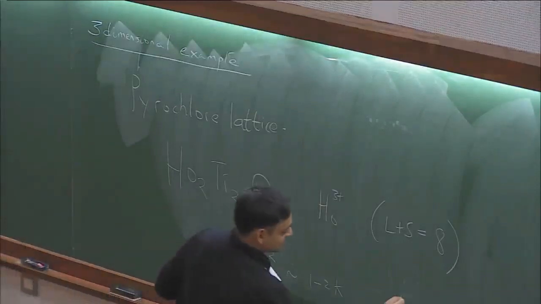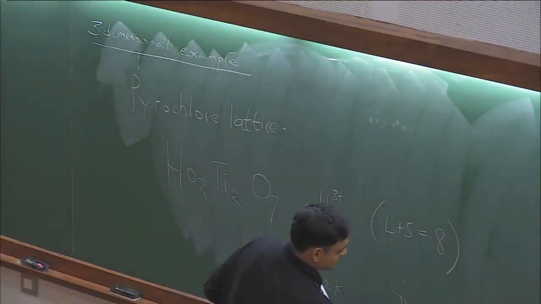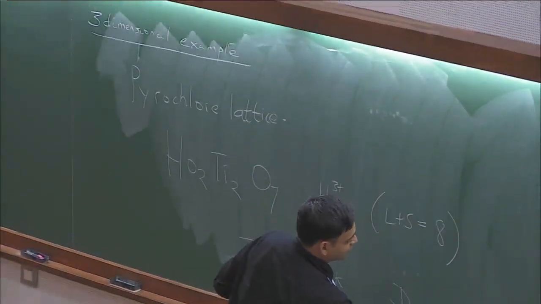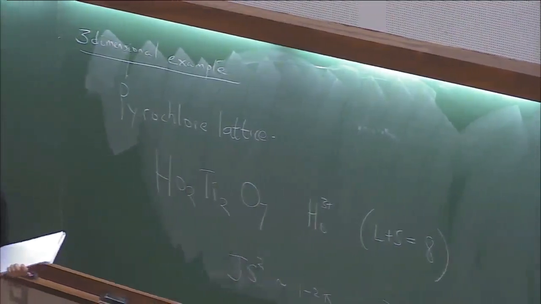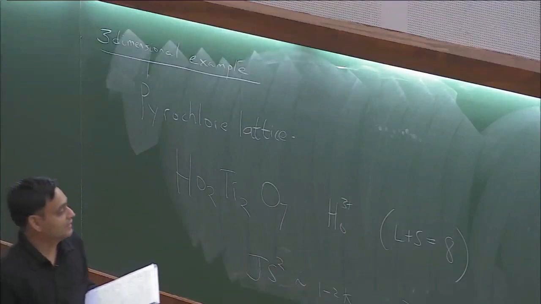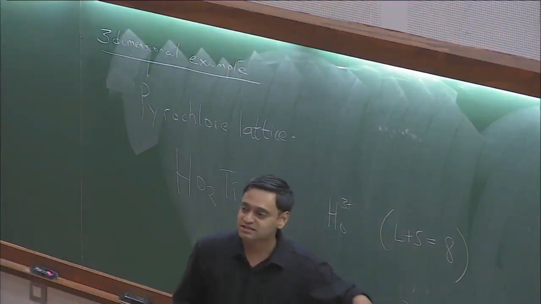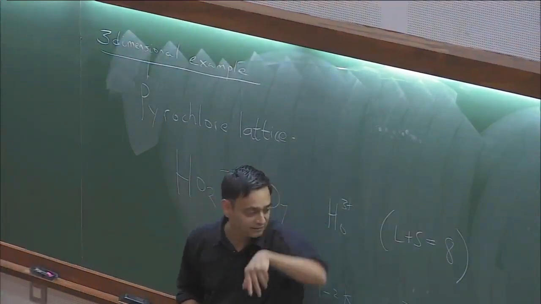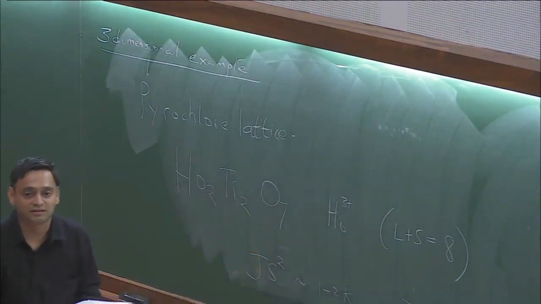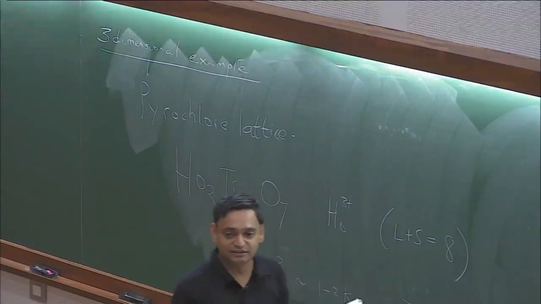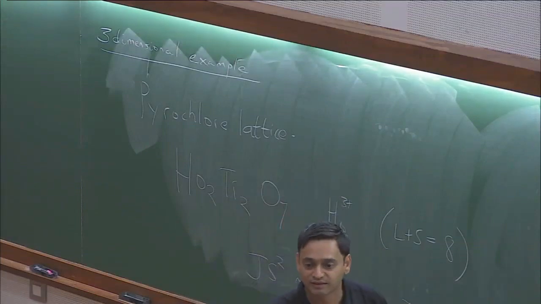And this single ion anisotropy D is 40 or 50 Kelvin, much larger. And the axes along which the spins like to lie parallel or anti-parallel are not the same throughout. This is a three-dimensional structure. On symmetry grounds, it's not easy to imagine everybody having the same common easy axis.